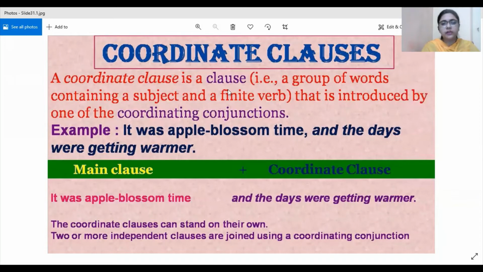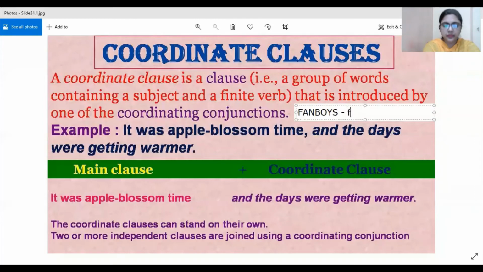So coordinate clauses also have a subject and a finite verb. But the distinguishing factor over here is that it is introduced by one of the coordinating conjunctions. So we discussed the other day, you people told very correctly that the acronym FANBOYS is used for coordinating conjunctions.